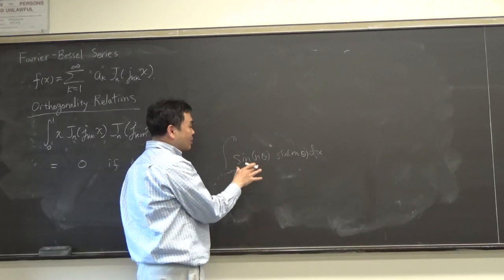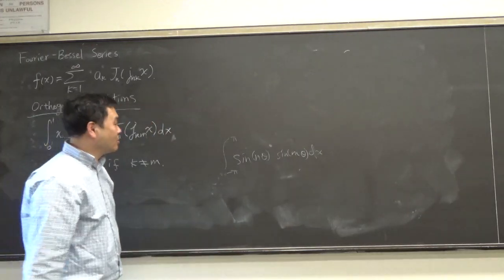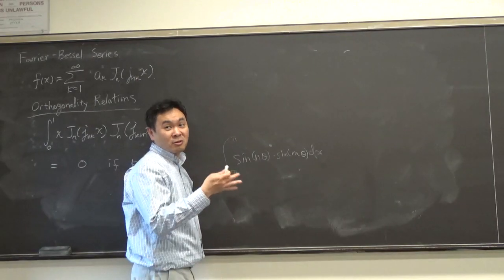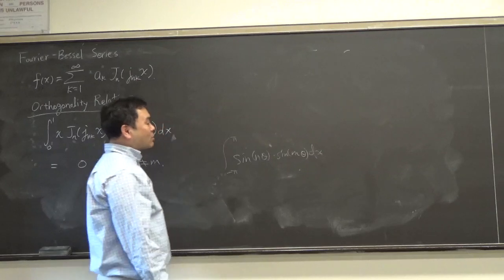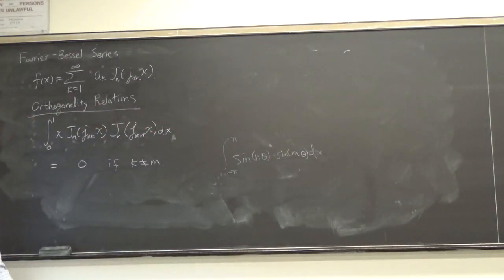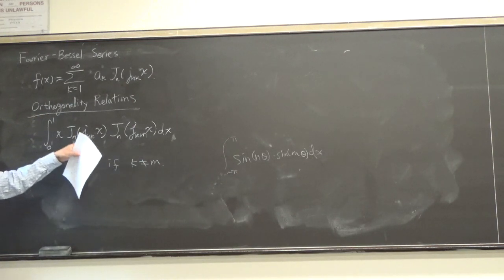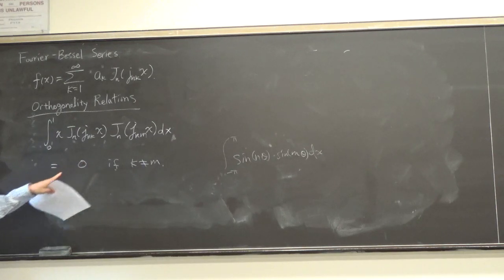And I explained that this is like a dot product between two functions. There's this theory of L2 functions and stuff like that, right? So it's like a dot product between two functions. And if the dot product is 0, that means the two vectors are orthogonal, right? So that's why it's called orthogonality relations. If k and m are different, then their dot product would be 0.